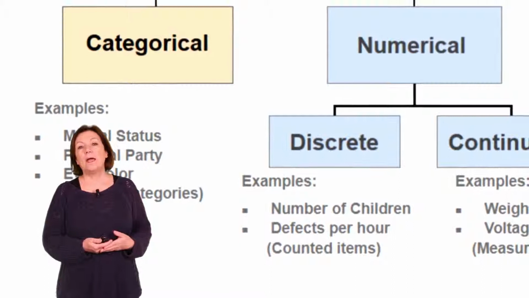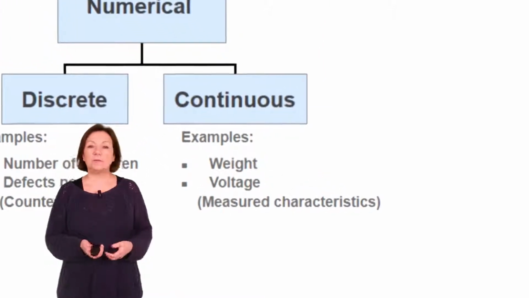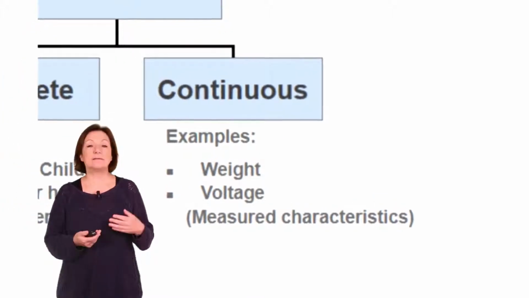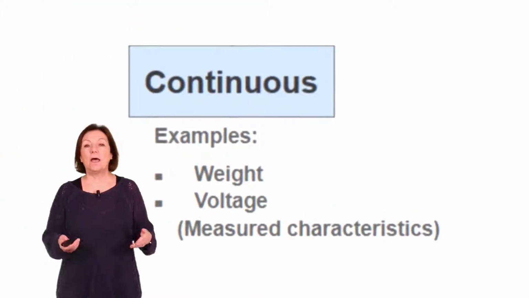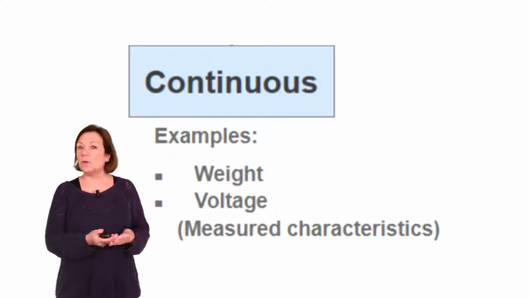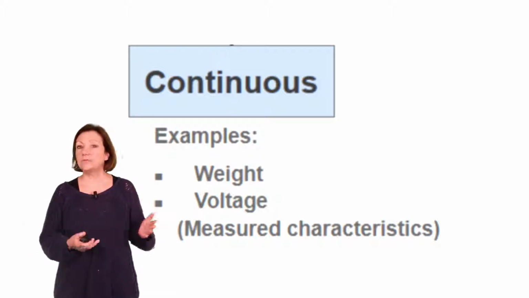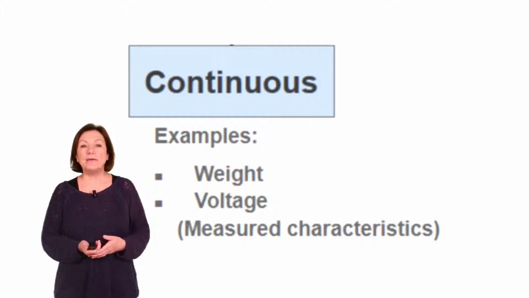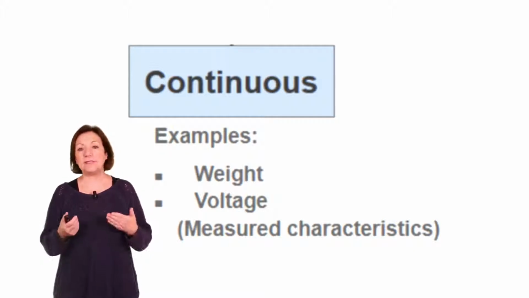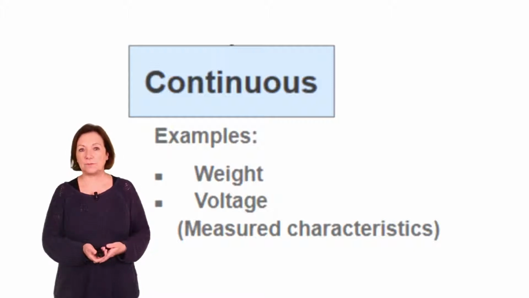Then for continuous variables, typical variables would be weight, age of a person, but also the voltage of a specific machinery. These are variables that can be measured on a scale that goes from 0 to infinite, and the big difference with the discrete variables is that they can take on decimals.